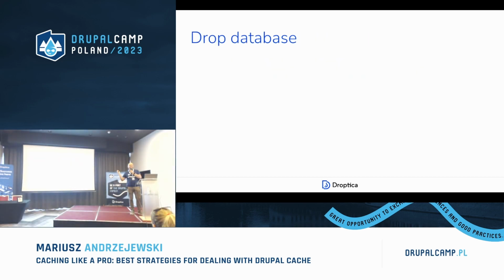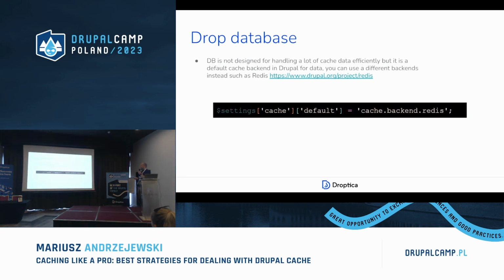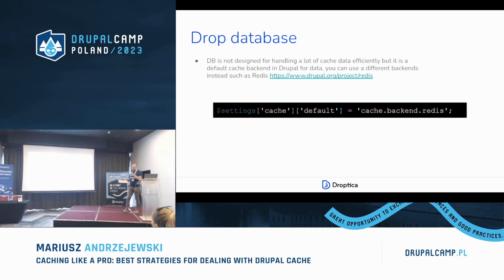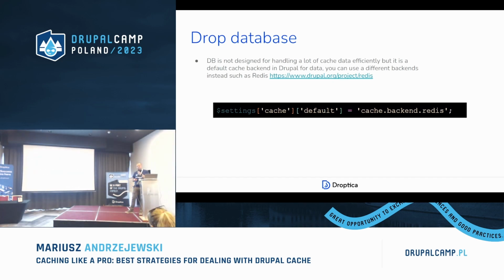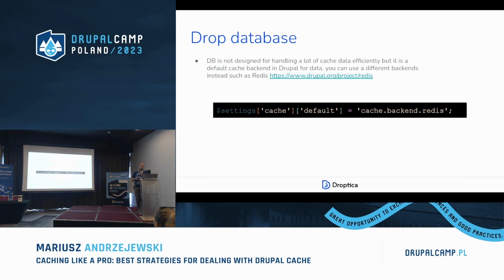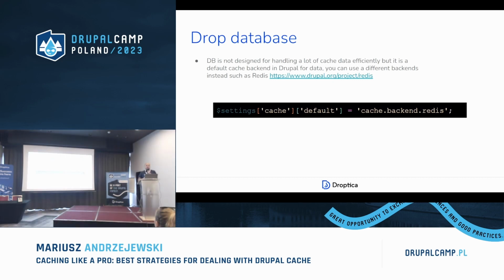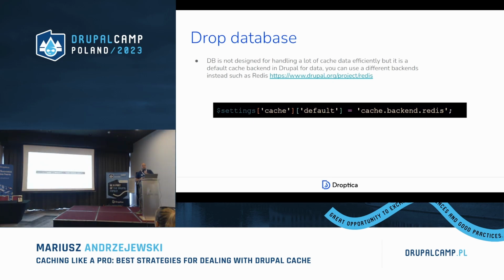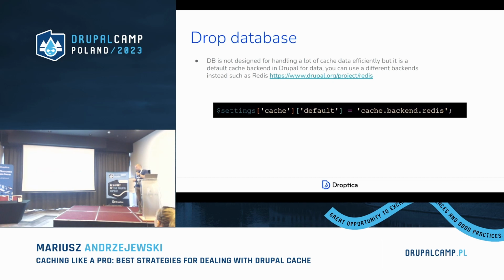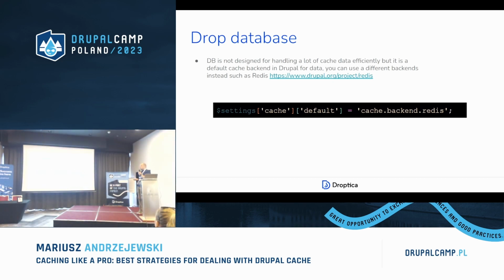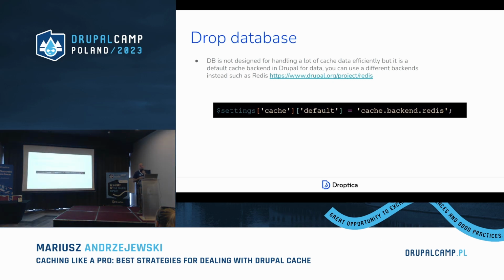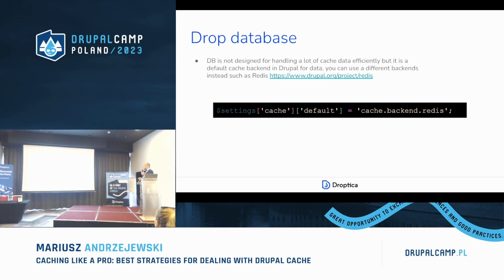Finally, drop database. Yeah, but of course not. As you may know, the database is not designed for storing the cache, so it wasn't prepared to be very performant on that matter. Because of that, when we have high traffic on the site, it is a good idea to maybe use a different caching backend.